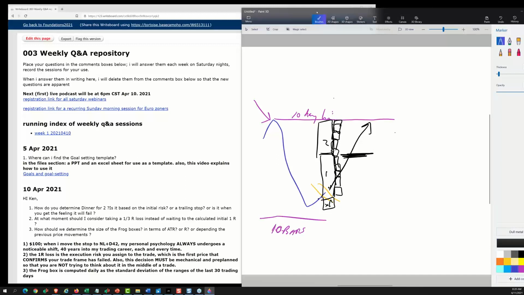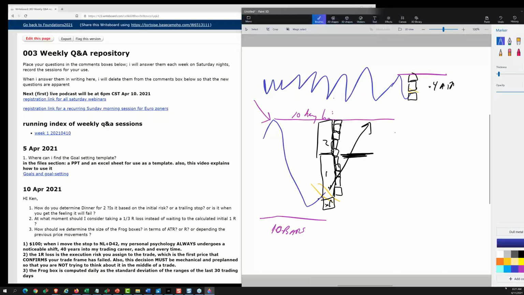Whereas if I have just this kind of little move, and my execution risk here, and I've only got a 0.4 of an ATR move to get back to here. Now, unless this may have been just some sideways choppy move like this, and then there's some kind of really tight channel happening in here.